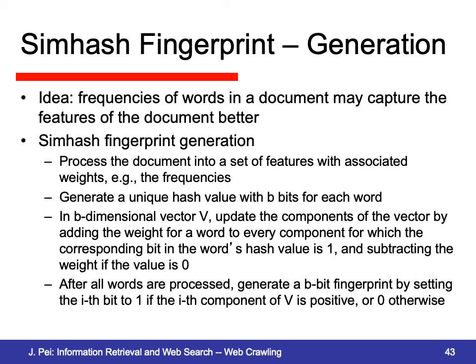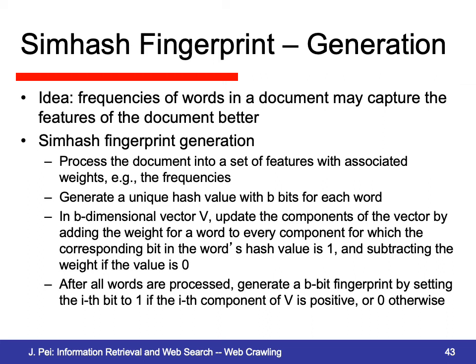The SimHash fingerprint generation works as the following. We process the document into a set of features with associated weights. Here we use the frequencies as the weights. Then we generate a unique hash value with b bits for each word.